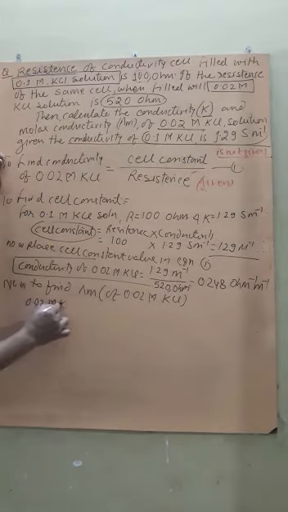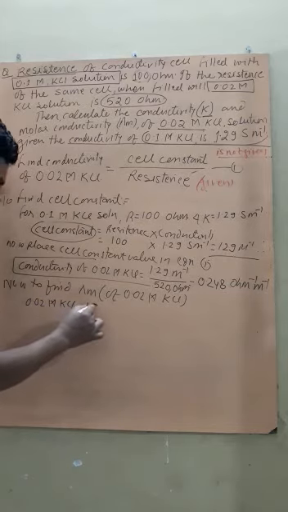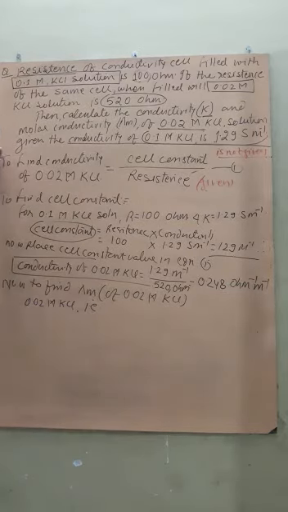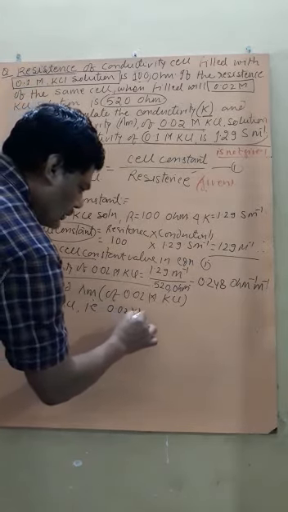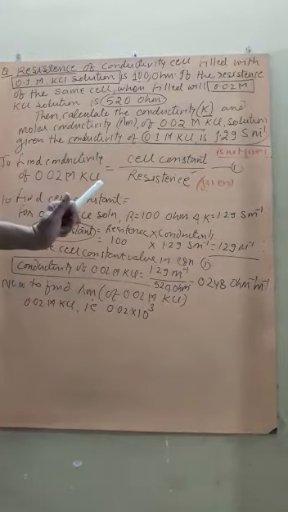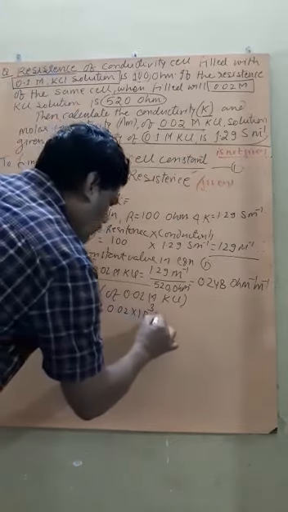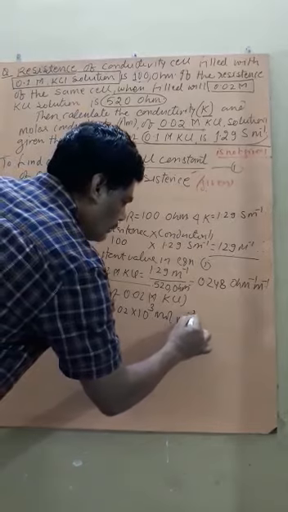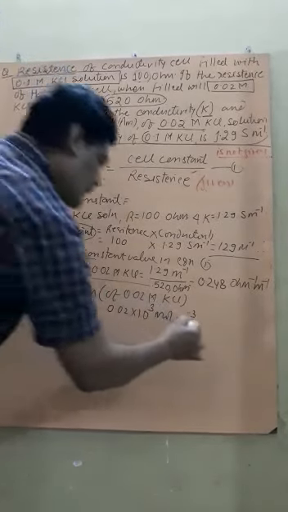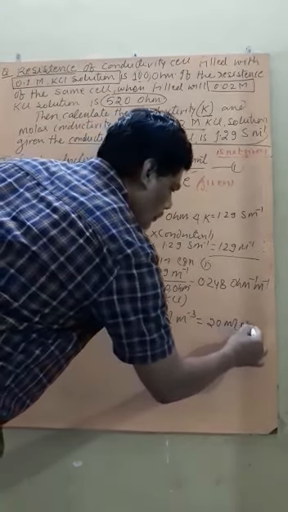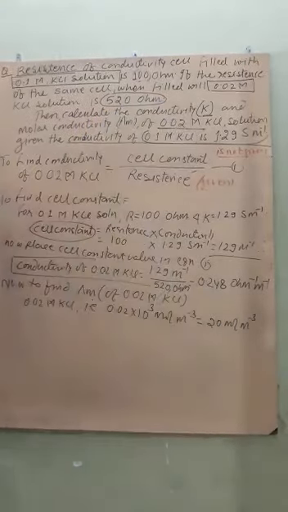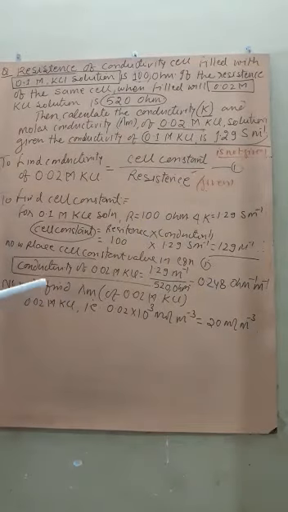In the question it is given 0.02 into 10 to power 3 mole per meter cube, which is equal to 20 mole per meter cube.